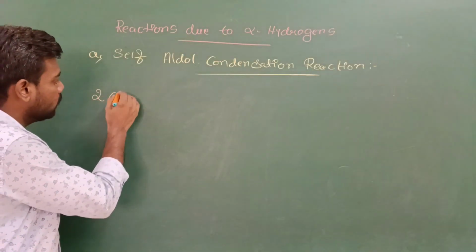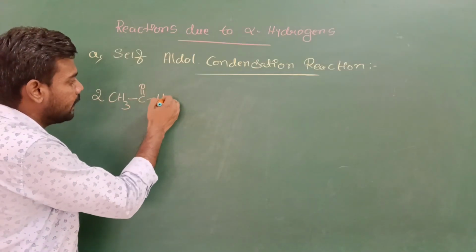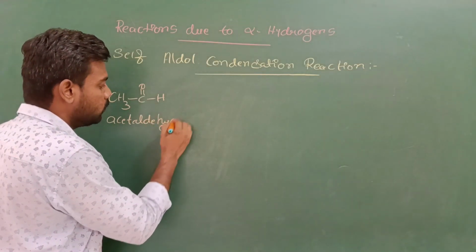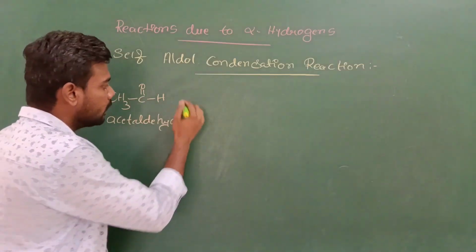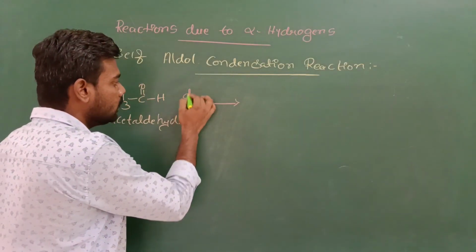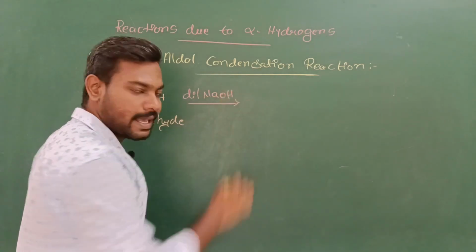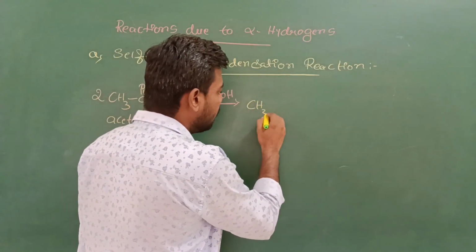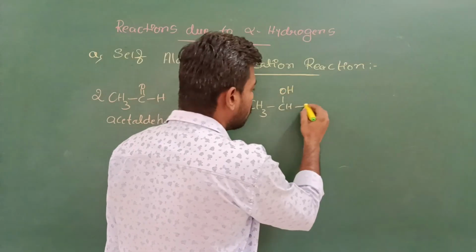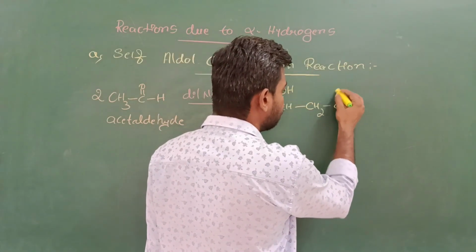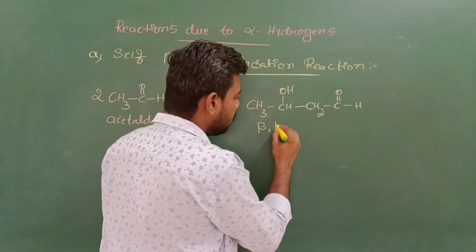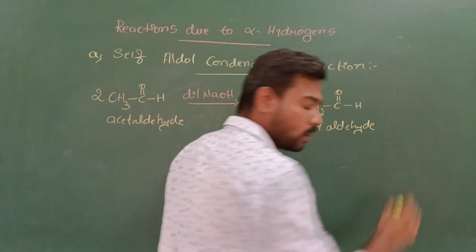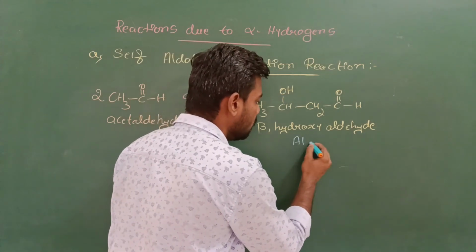For example, when two molecules of acetaldehyde react with dilute sodium hydroxide, that is a base, they form a beta hydroxyaldehyde, which is known as aldol.